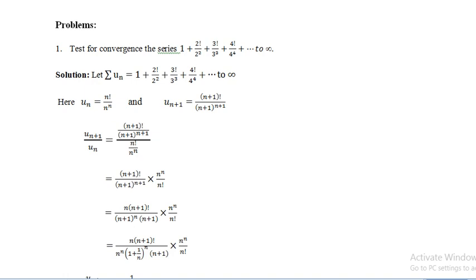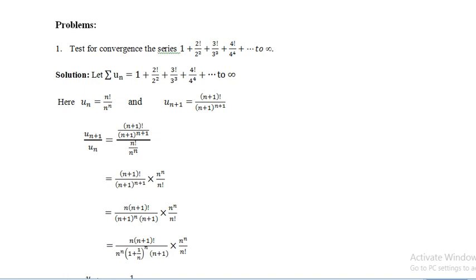Now we will express un plus 1 divided by un. Un plus 1 is this term, un is the first term, so divide both terms.